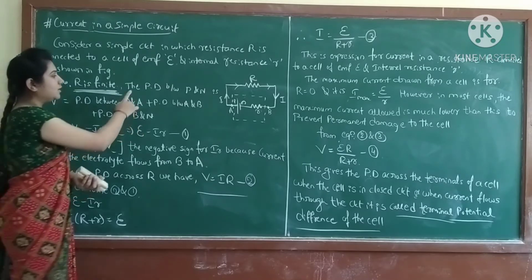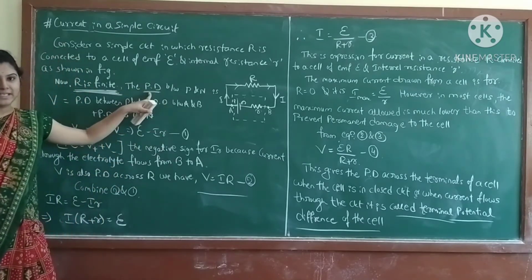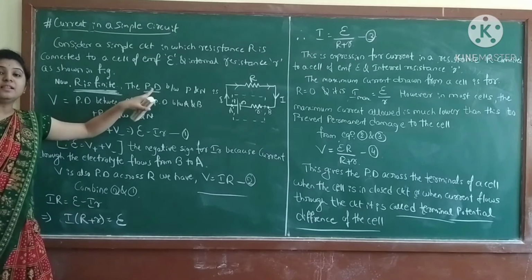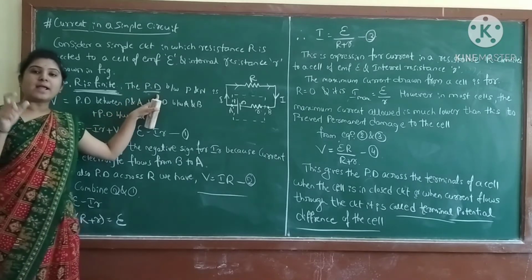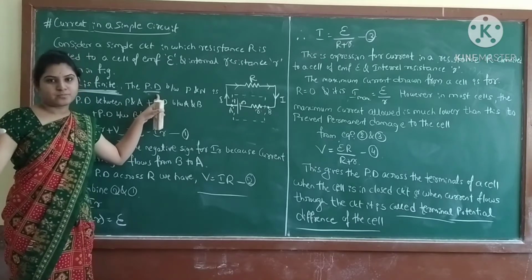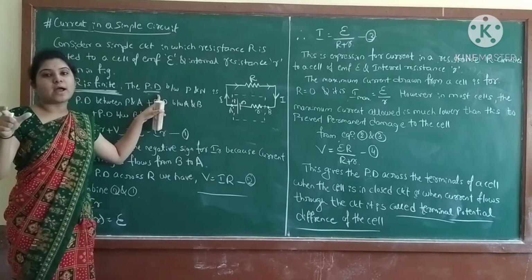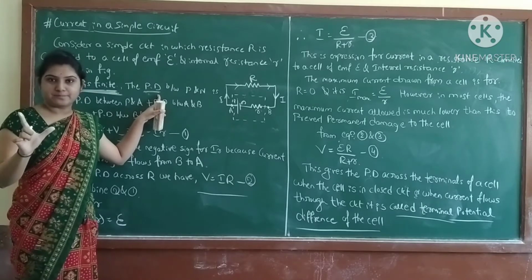So the potential difference, simply I wrote in the short form PD. See, while writing in your exams, write the full form. Don't write the short forms. Potential difference you have to write, not the PD. Okay?